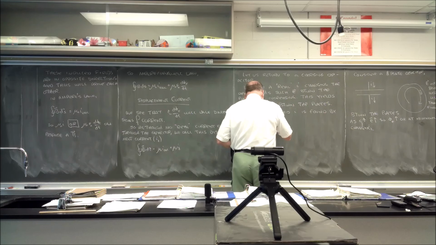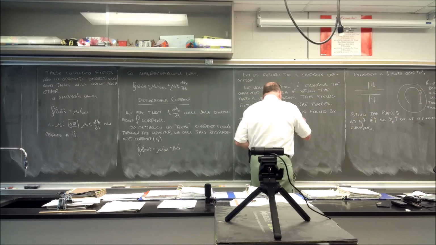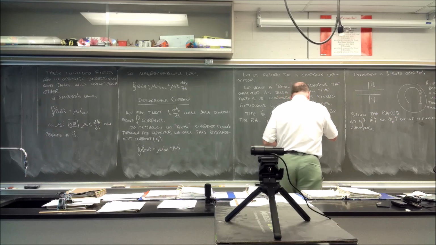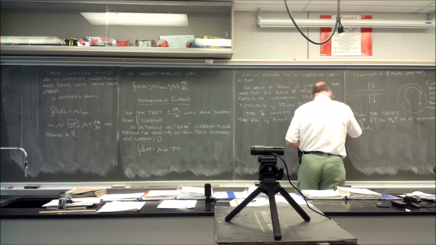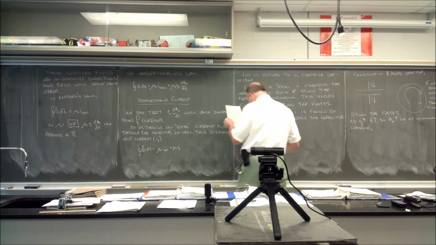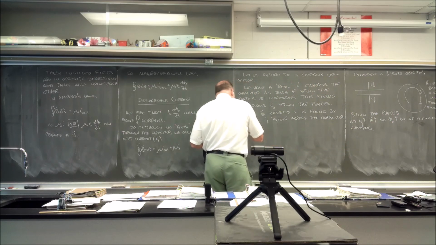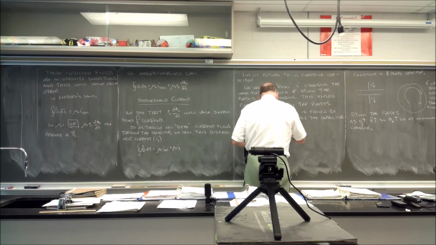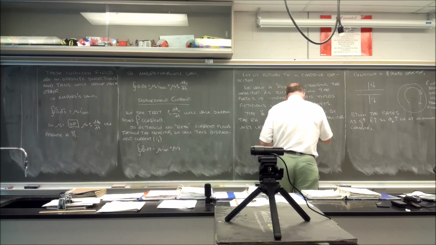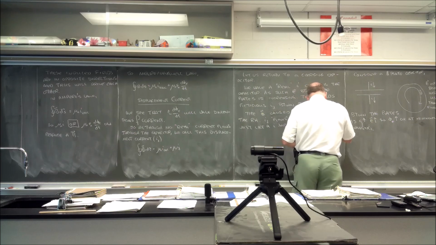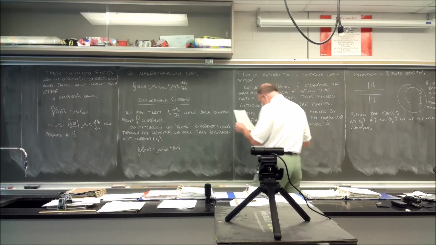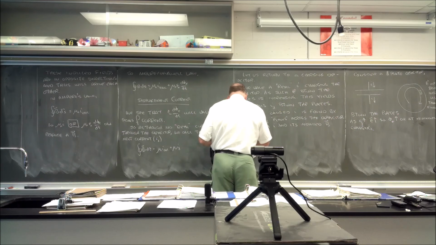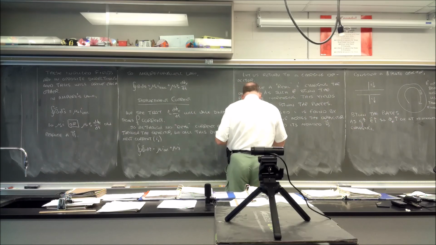I sub d, quote, flows across the capacitor just like electric currents, and its induced magnetic field is also found by the right-hand rule.